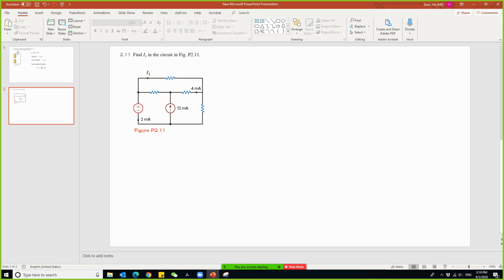Either way is fine. If you look at this node, I don't know the current in this branch. I know the current in this branch, so I need to further find the current in this branch. To find that, you look at this node. Okay, the problem is solved. You can solve this current first, then solve current I1. So this is the first method to solve this problem.